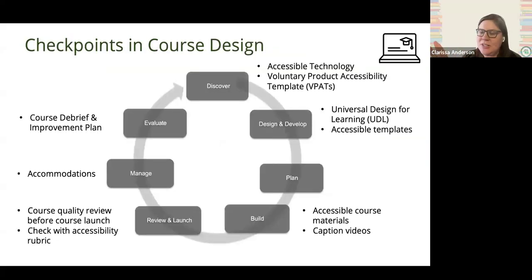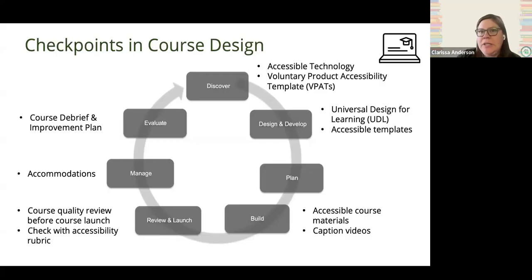This one's a lot of information. The main takeaway from this slide, I think, is that when we're designing a course, whether we're an instructor, an instructional designer, or another specialist involved, we want to be considering accessibility throughout the whole design process. From the very beginning, are we using accessible tools? What resources are we including in our course?